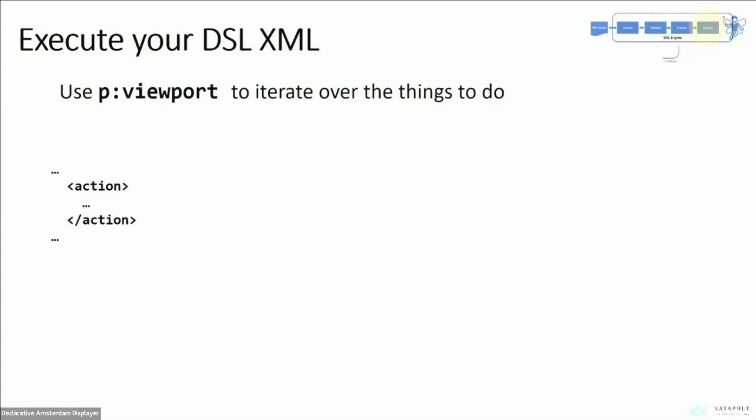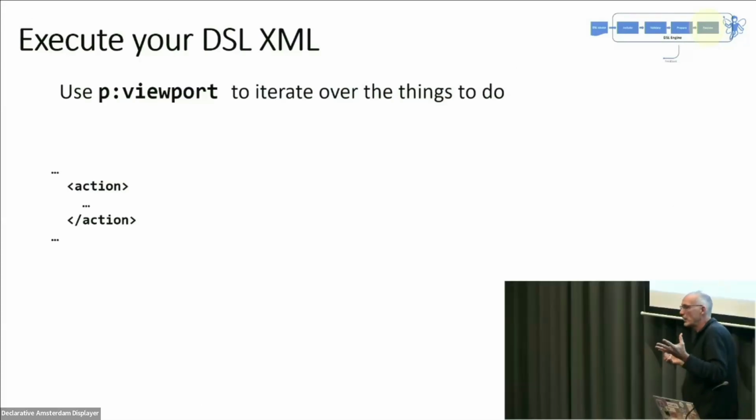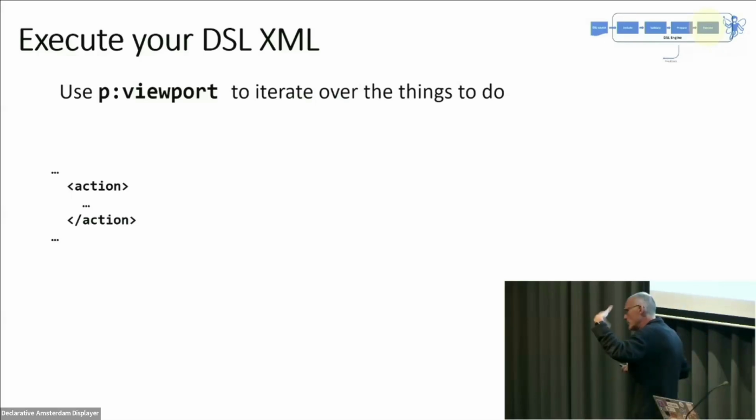Then we have to execute our DSL, right? We have prepared it, and now we can go and do it. Here's an example. We have an action attribute that has to do something. My advice is to iterate over your actions using a p:viewport instruction in XProc. And p:viewport, what does that do?